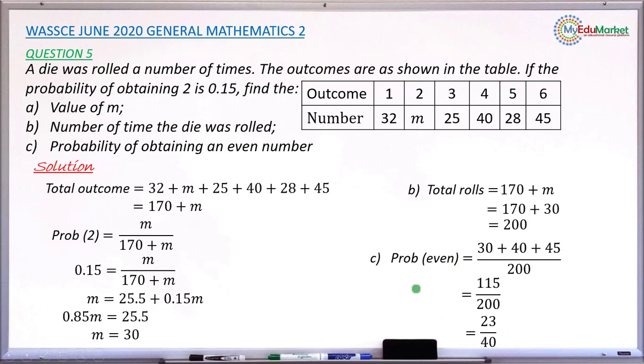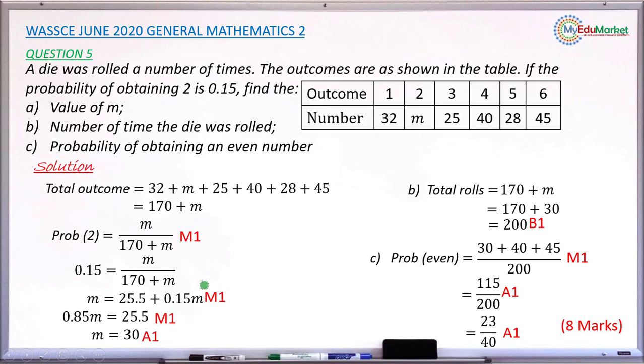So let me quickly share with you the mark distribution for this question as it is done in the marking scheme. The very first mark is method 1 mark, and that method mark is for substituting correctly in an attempt to find the probability, the required outcome m, the total possible outcome 170 plus m. If done correctly, you have this method 1 mark.